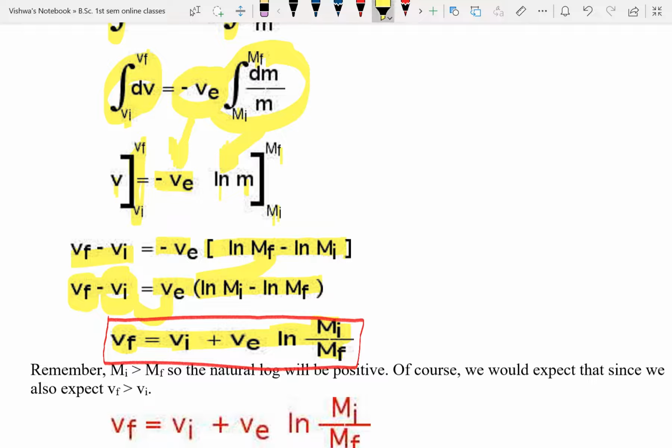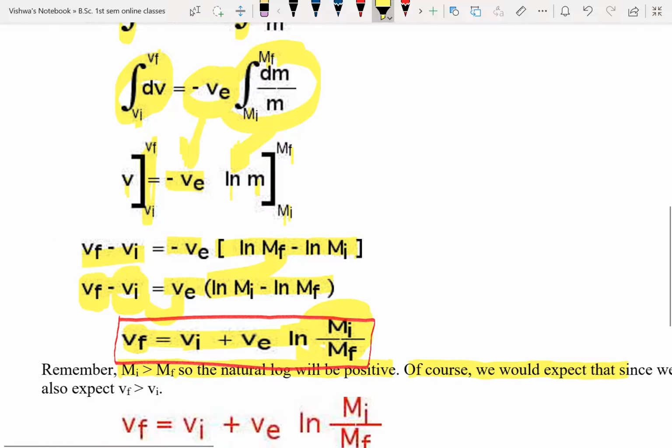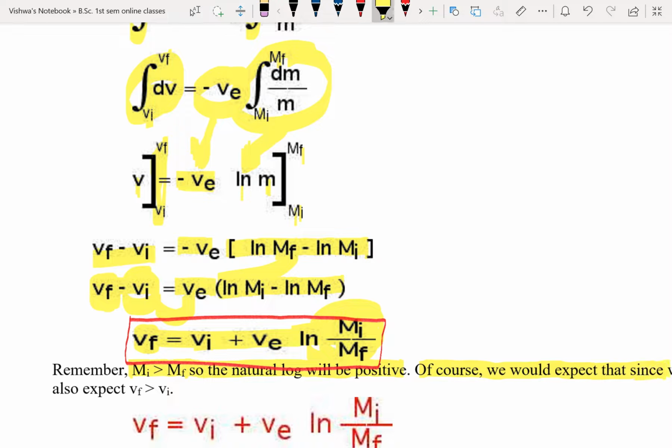Here mi is greater than mf, that is the case: the initial mass is always greater than the final mass of the rocket. The natural log will be positive because mi is always greater than mf. Of course, we would expect that, since we also expect vf is greater than vi.